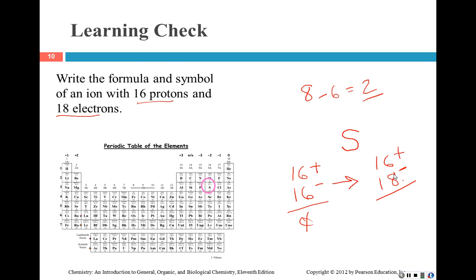Okay, and if I have 18 negatives and 16 positives, that gives me a -2, so that is S2-, and that's the formula for the sulfide ion with 16 protons and 18 electrons, and so that is what we were looking for.